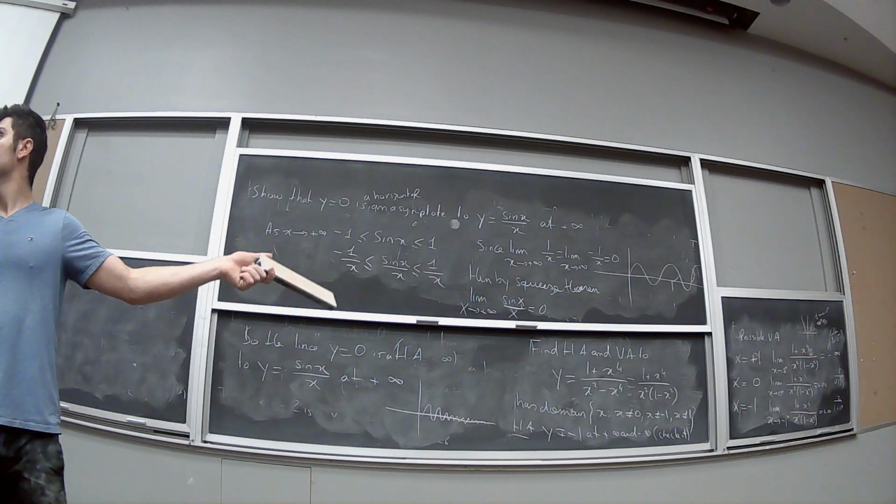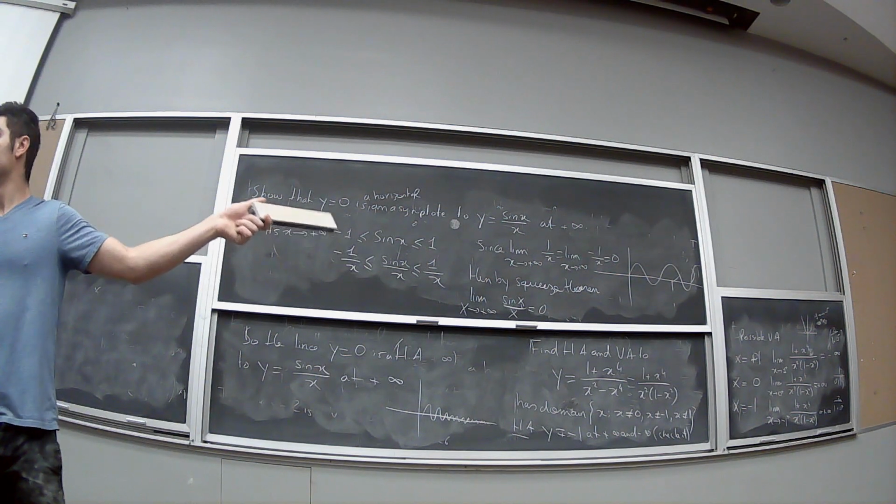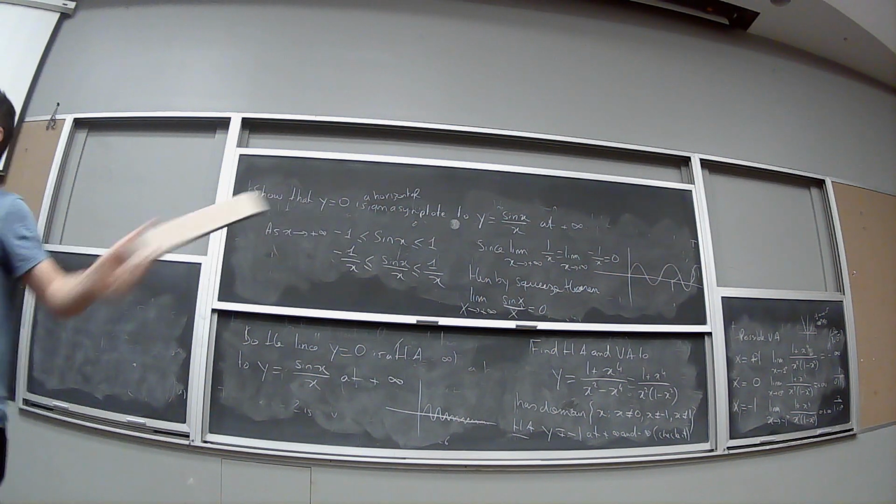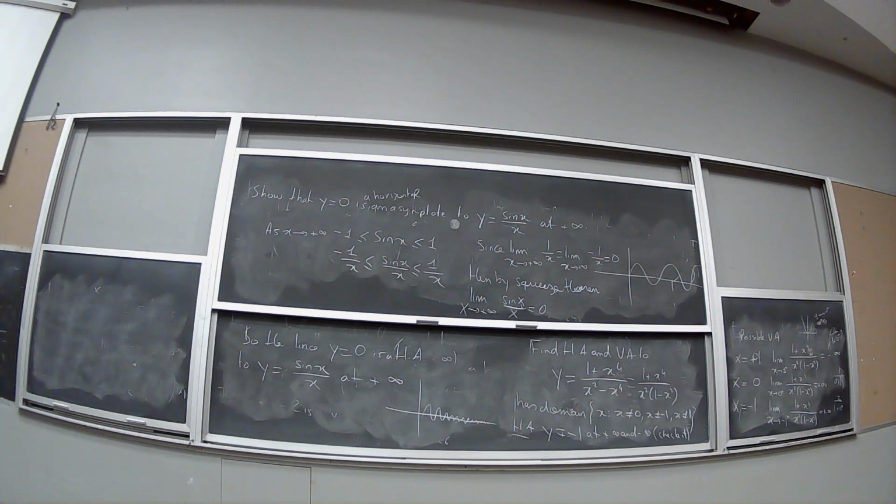You can still do it the same way. x goes to minus 1 plus or minus 1 minus. Well, the answer may be different. You may have minus infinity, or you may not. Okay? Is that clear?